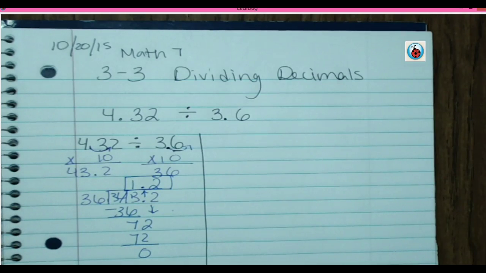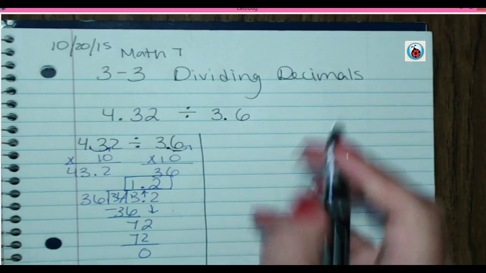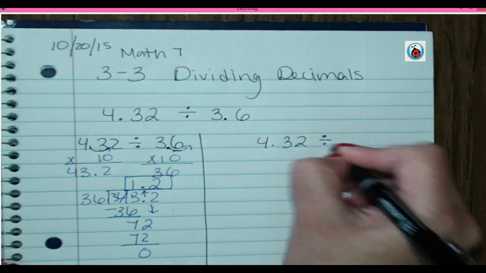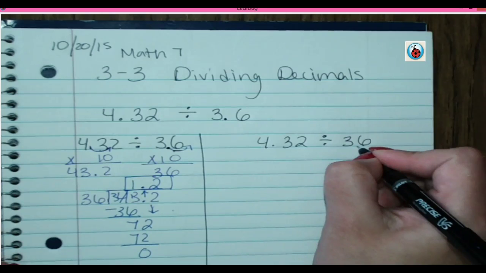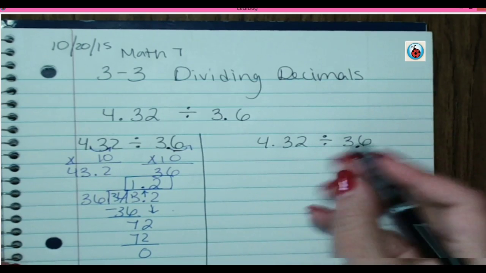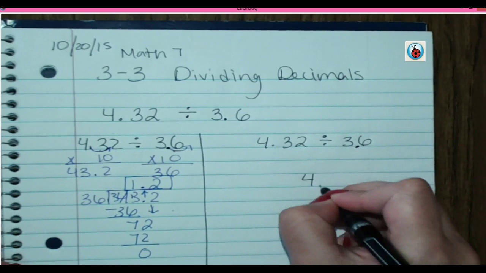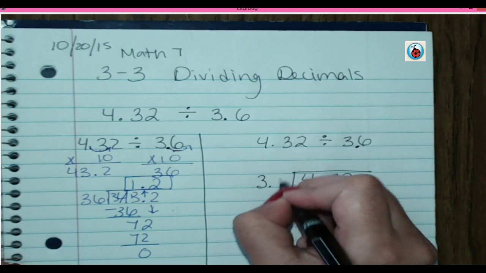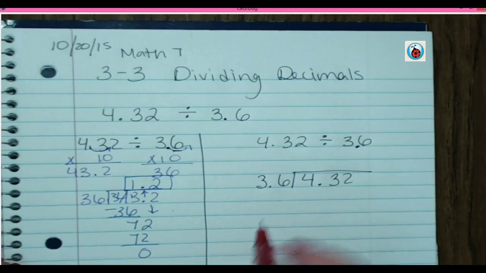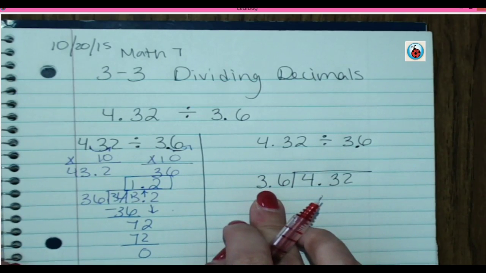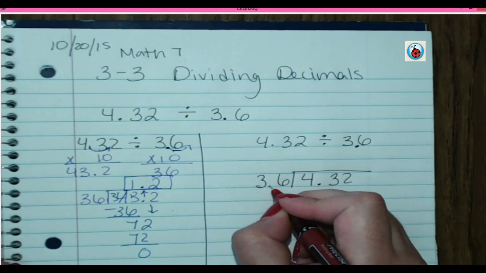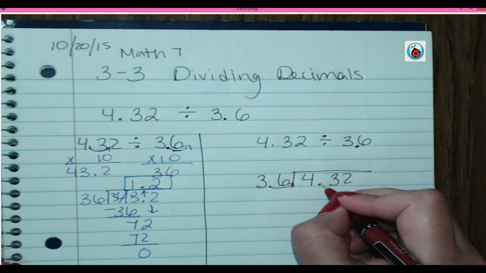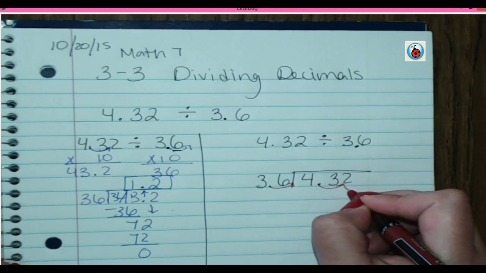This is one way. Or we can say 4.32 divided by 3.6. We can set up our problem like this. Now, to make 3.6 a whole number, we need to move our decimal once. That means we need to do the same thing to this number.